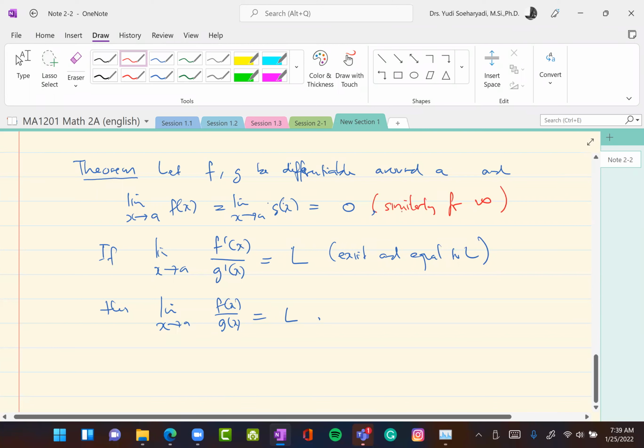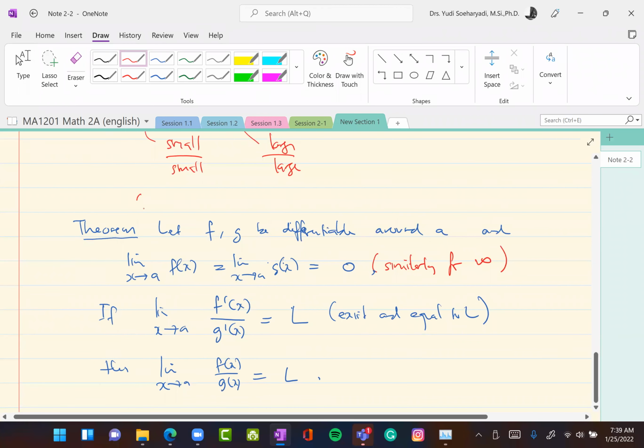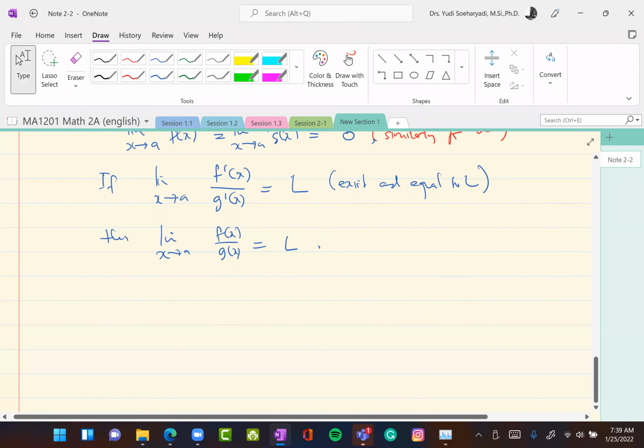So instead of computing this directly, you compute the derivative. So this is what we call L'Hôpital's rule. I won't prove this one. We'll use it.